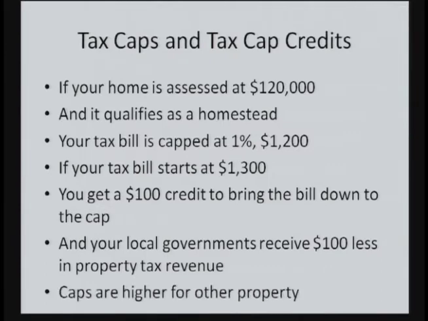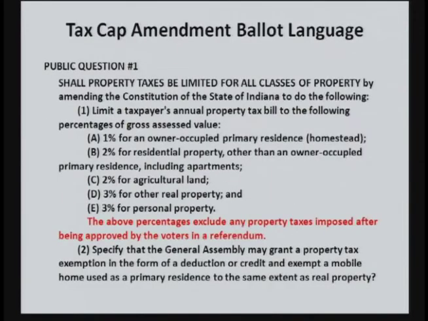The tax caps for other kinds of property, for rental housing, farmland, commercial and industrial businesses are higher, at 2% and 3%. So a 2% limit on $120,000 would be $2,400, and a 3% limit on $120,000 would be $3,600. Well, that's how the tax caps work.